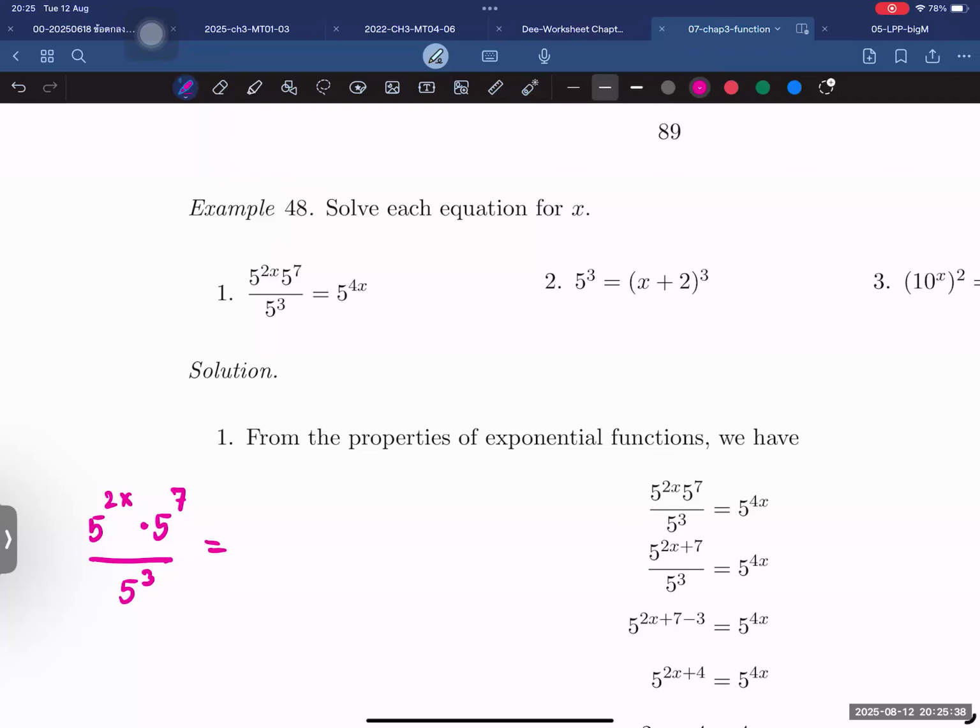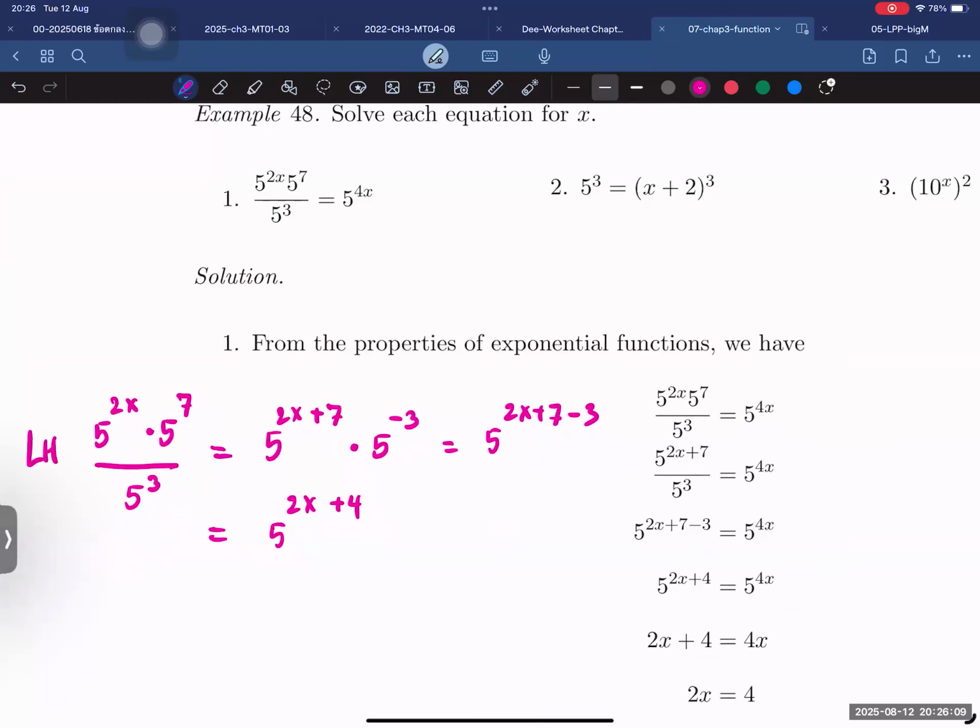This is equal to 5 to the 2x. It's same base, right? 5 and 5, so 2x plus 7. How about the bottom? Denominator can be written as 5 to the power of minus 3. Then same base again. So that is the same as 5 to the 2x plus 7 minus 3. So that is equal to 5 to the power of 2x plus 4, right?